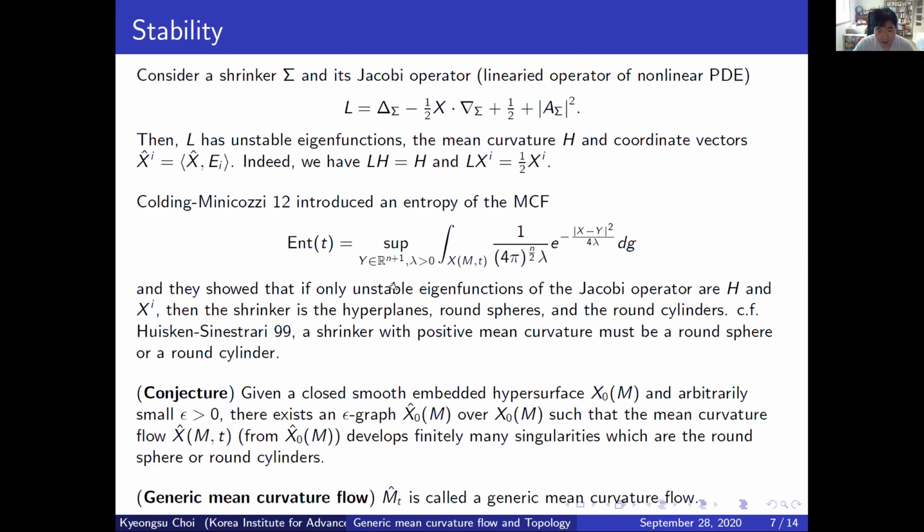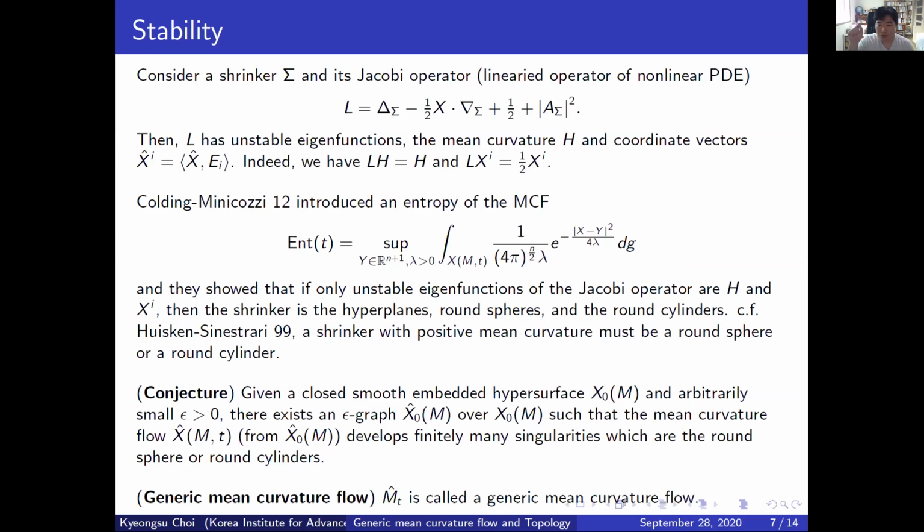But the point is, we can consider this quantity for all centers and dilations. And indeed, the unstable function from the coordinate function came from the wrong choice of rescaling center, right? For a given mean curvature flow, we may choose some other center, which may be another singularity, right?